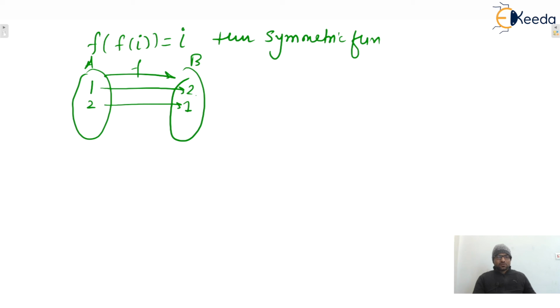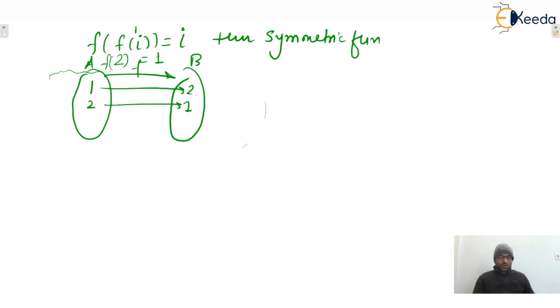Here the I value is 1, then f of 1 is 2, and f of 2 is 1. So is this particular function symmetric or not? Yes, that is symmetric. So wherever it is given that f of I equals I, we can assume that function is a symmetric function.